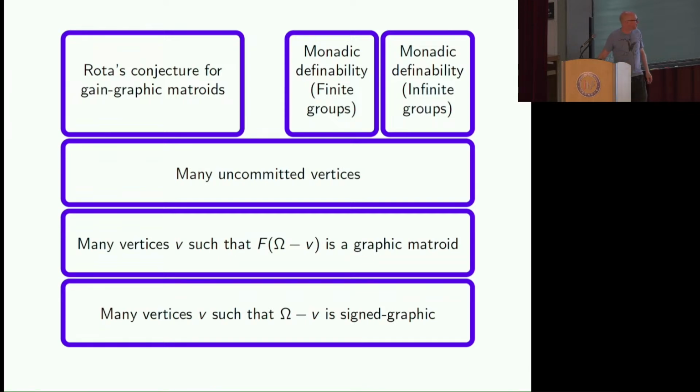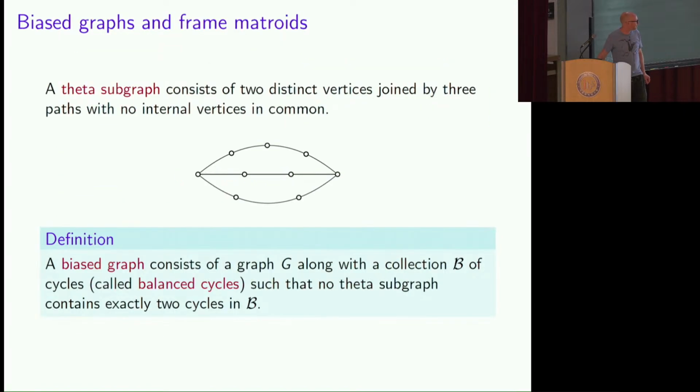And to explain the bottom block, I need to talk about bias graphs and signed graphs. So this is what a theta subgraph looks like. A theta subgraph consists of two distinct vertices joined by three paths, where the three paths have no internal vertices in common. Now, a biased graph is just a graph with extra structure, so a graph with a distinguished collection of cycles. We call those cycles the balanced cycles.